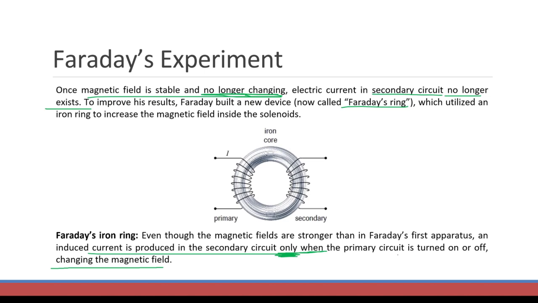So even though he tried to see if the material would help make the magnetic field stronger, the effect was still evident that you needed this changing magnetic field in the first one to produce the current in the second solenoid.